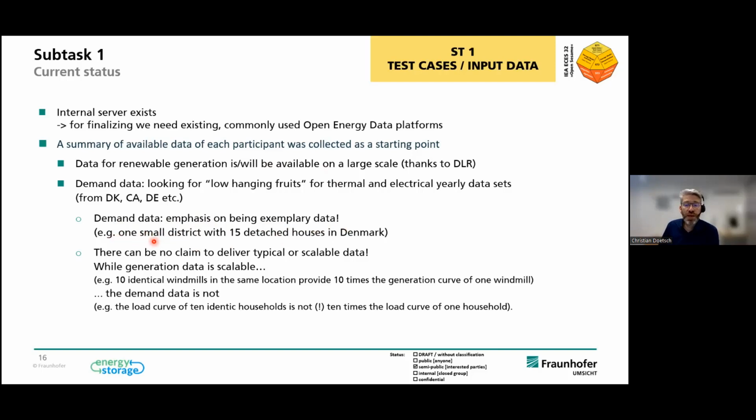This could be, for example, in this case, a small district with 15 detached houses in Denmark. So we get the data set for the heat demand for the whole year on an hourly resolution for 15 detached houses in a small heating grid there in Denmark. The problem is that there is no claim to deliver typical or scalable data, because generation is scalable, or the data sets are scalable.